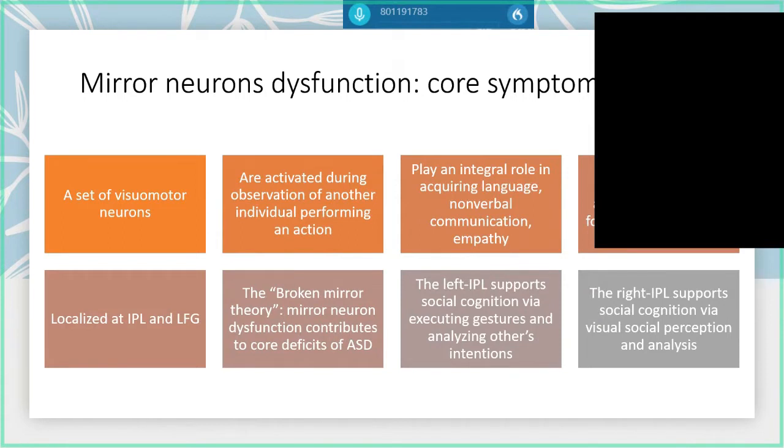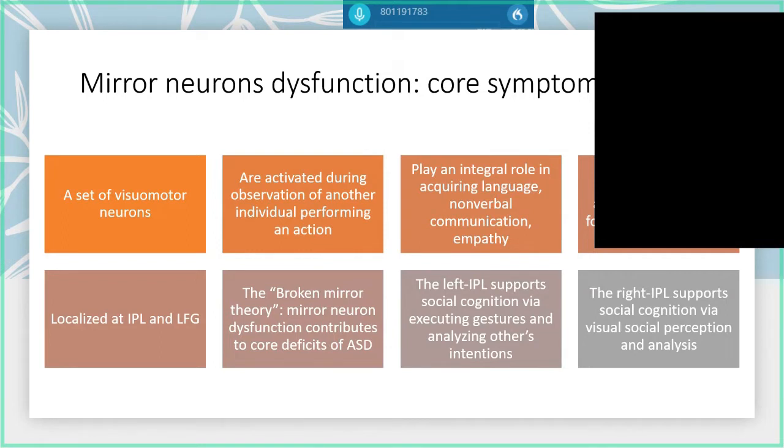These are visual motor neurons that are located in the inferior frontal gyrus and inferior parietal lobule. These are activated when you're observing other people perform an action, and these neurons allow you to look at that person, look at that person's behavior, emotion, and then be able to understand them and reciprocate.